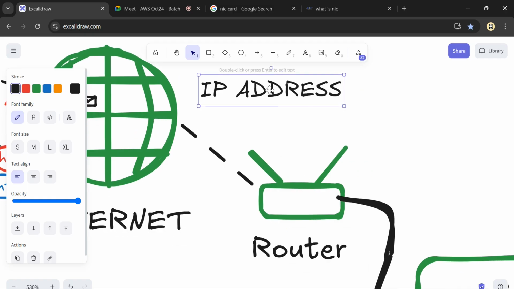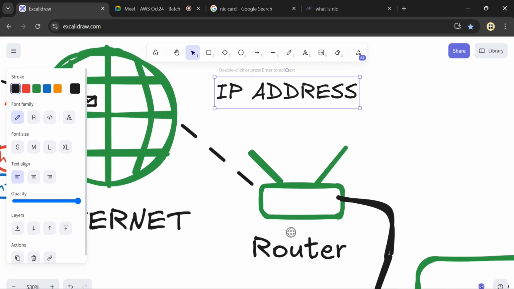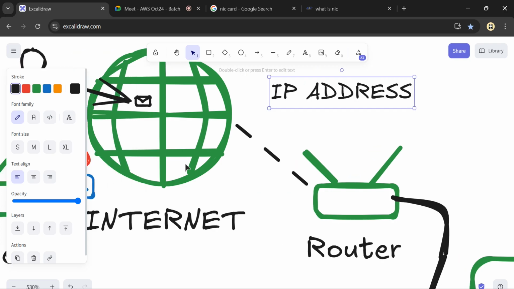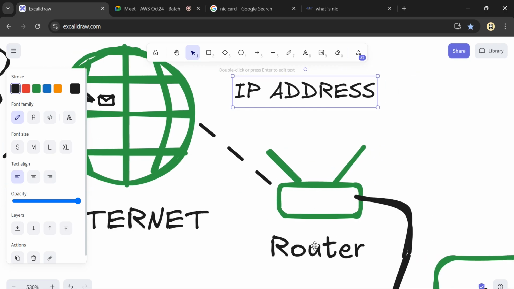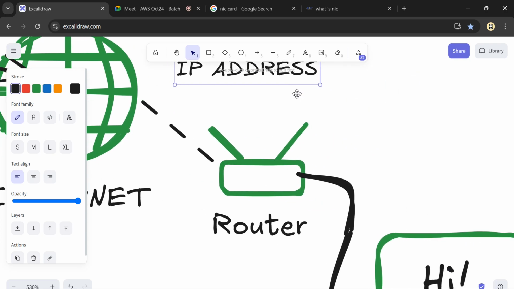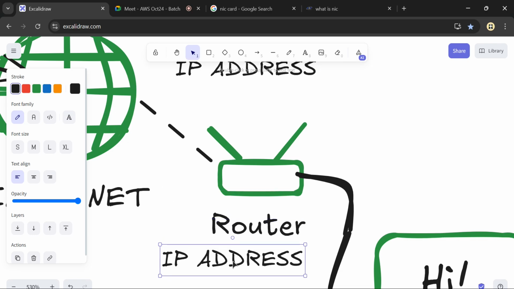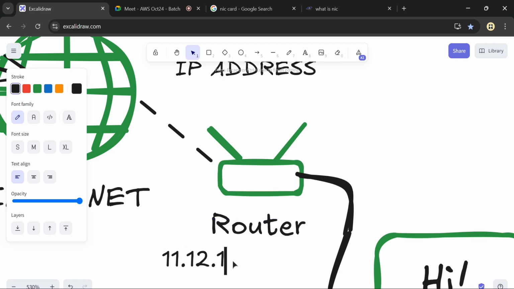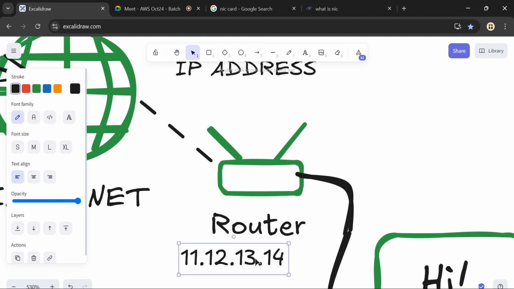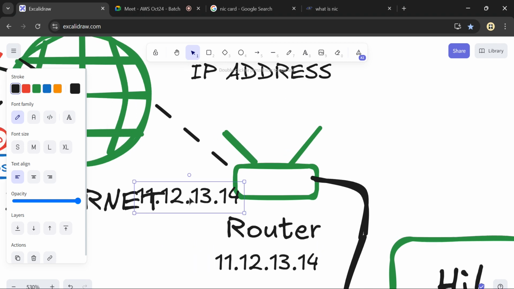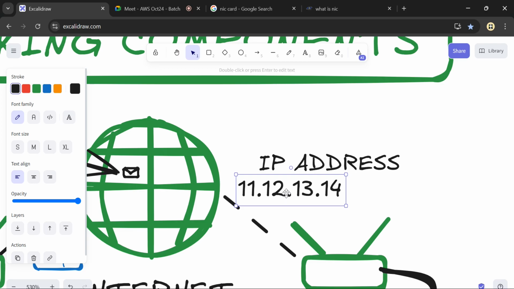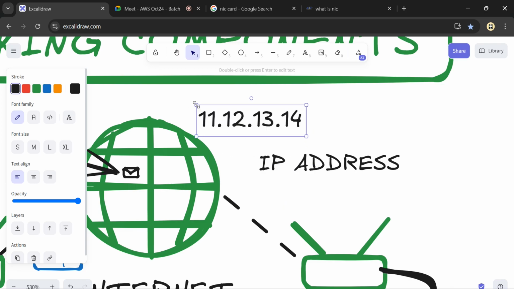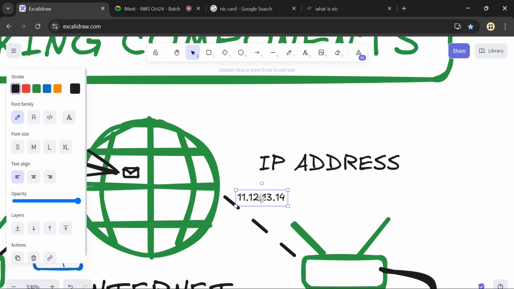So let's say your router is given a unique IP address. This internet will be able to communicate to the router via the public address. So let's say the address of your router is 11.12.13.14. This is, let's say, a public IP. So the internet will reach your router via this IP. Okay.